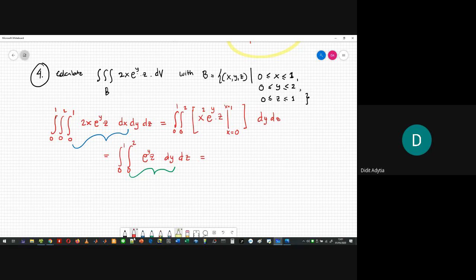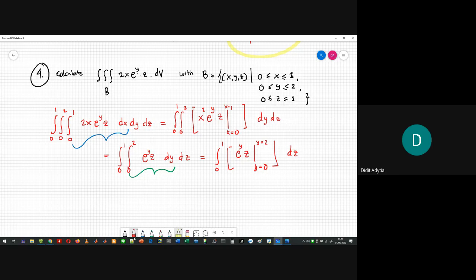What do we have? e to the power of y, and z is considered to be constant. The integration of e to the power of y is actually the function itself, e to the power of y, and then y is from 0 until 2.